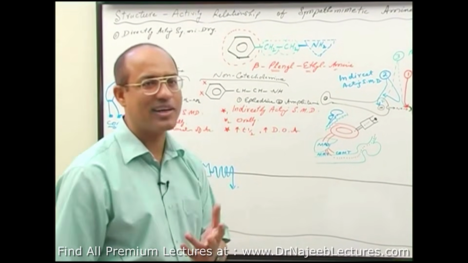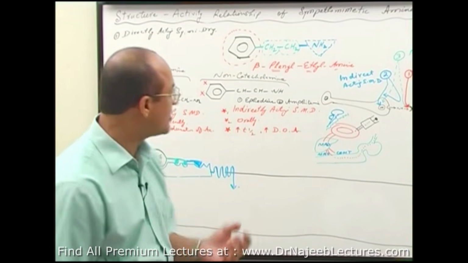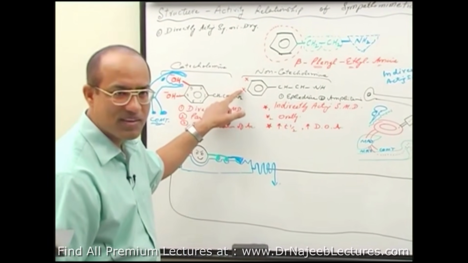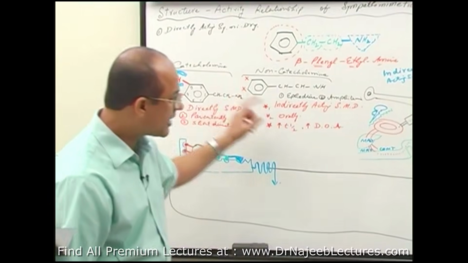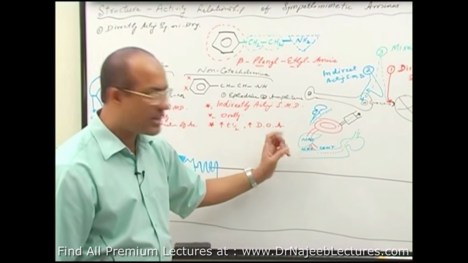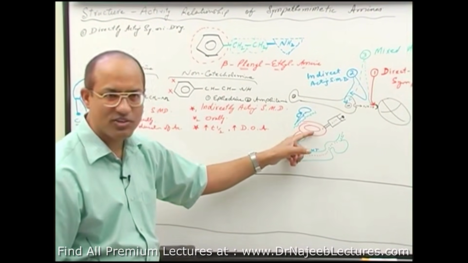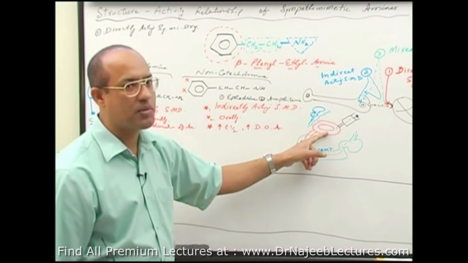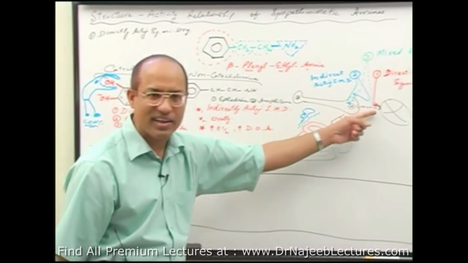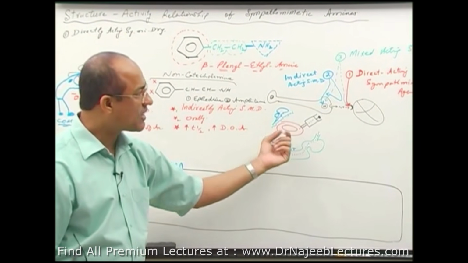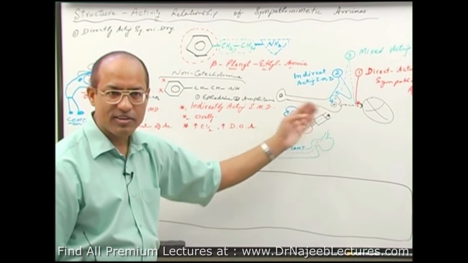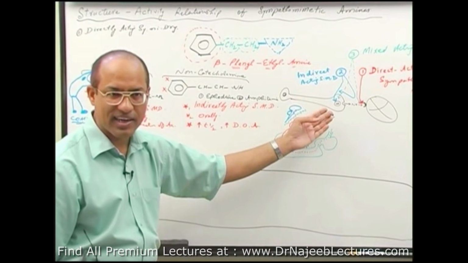But look at non-catecholamines. They do not have hydroxyls, so they are less polar and can be absorbed from the GIT. They can fool the COMT and reach high concentrations. But they cannot bind the receptor strongly. They concentrate in nerve endings and release norepinephrine indirectly.